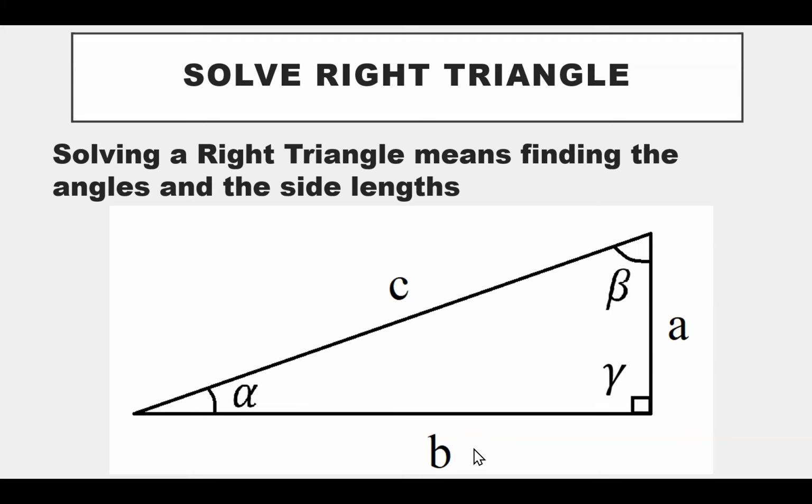We use A and B for the legs. A is opposite of alpha, B is opposite of beta, and then the hypotenuse is C. So if we have this convention, can we find the A, the B, and the C, along with the alpha, the beta, and obviously I already know the gamma in a right triangle?